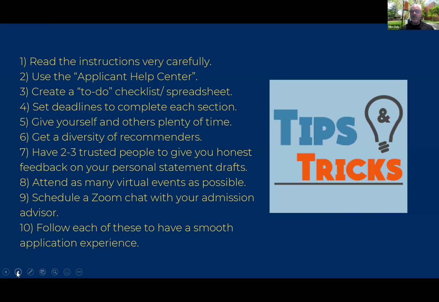Some sections are very easy. All the information you need is what lies in your head already. Others you have to get from another source, like a transcript, for example. So take a good overview of that CAS application once you have opened it, and make a checklist of things that you need to collect and submit, just so you're as organized as possible, you don't leave anything out, and you stay on track with whatever deadline you need to meet.